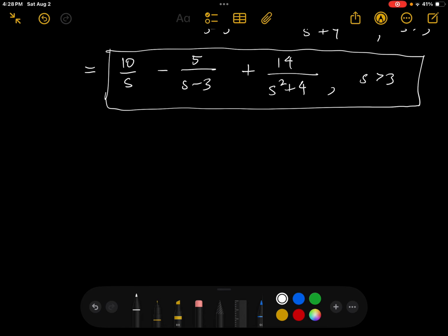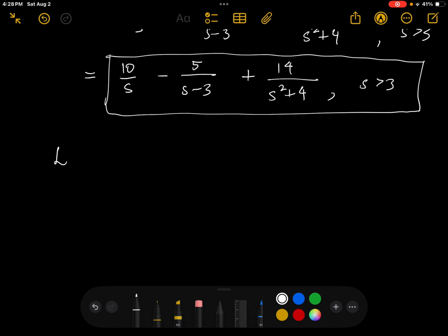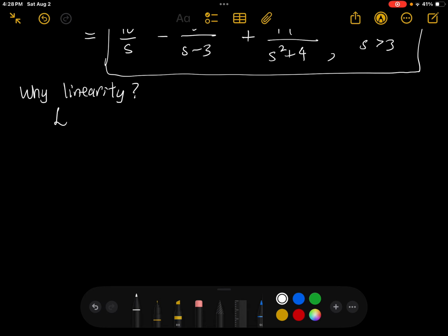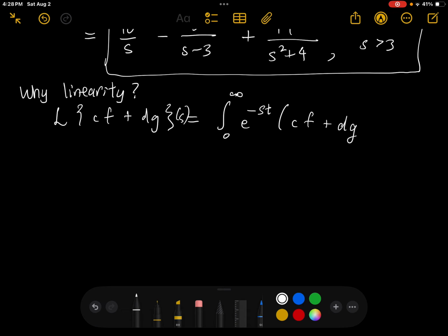So if I have the linearity of the Laplace transform, well, if I have the Laplace transform of cf plus dg, that's going to be, when I plug in s into that function, the integral from 0 to infinity of e to the minus st times cf plus dg, right?